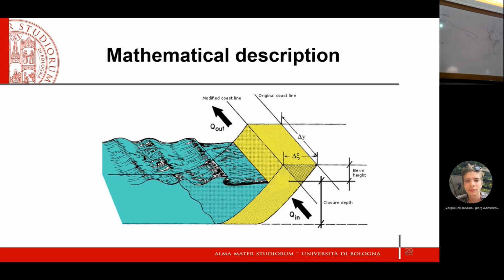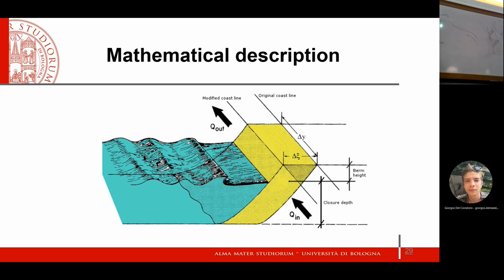So basically, we split our beach in several delta y's. We compute the flow of sediments in, Q in, and the flow of sediment out, Q out, by assuming that you have a certain strength in terms of erosion of the waves. And so if the strength of the wave increases, you have that Q in is lower than Q out, because during the delta y, the strength, the energy of the waves increased.